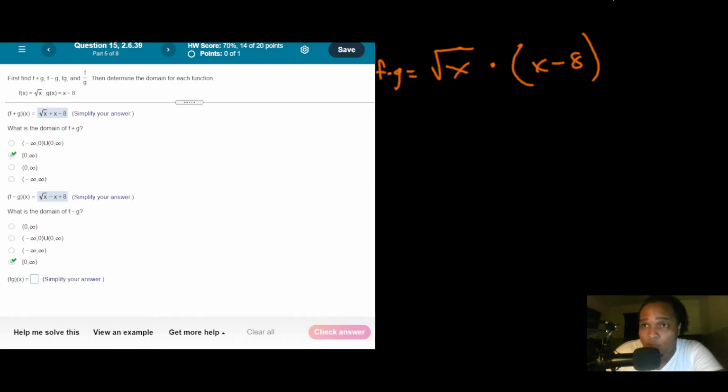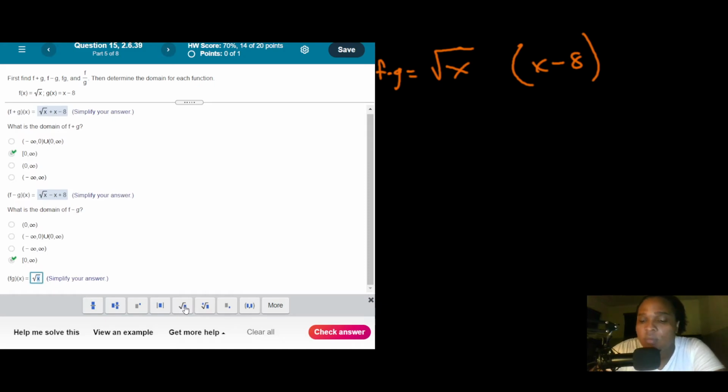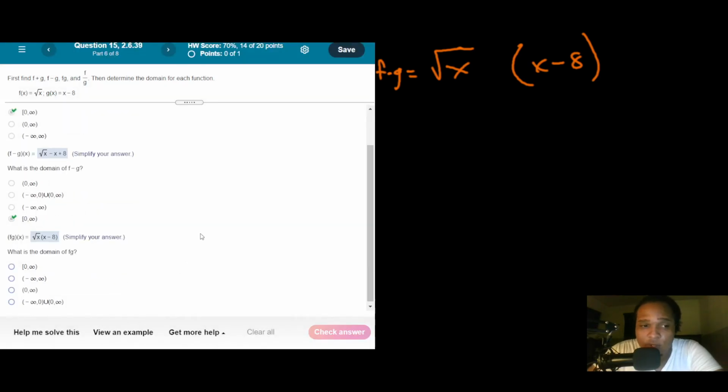Now, if you don't write the dot, it's perfectly fine. Just put them side by side. So we have the square root of x side by side with x minus 8. That's it. Nice work.